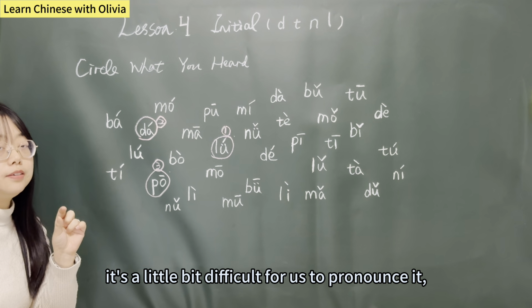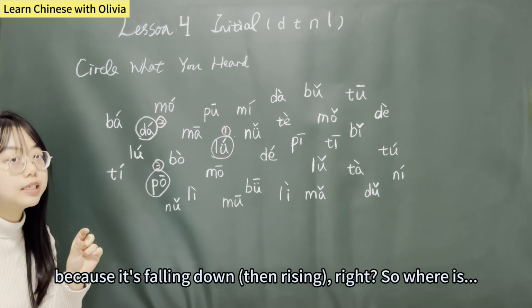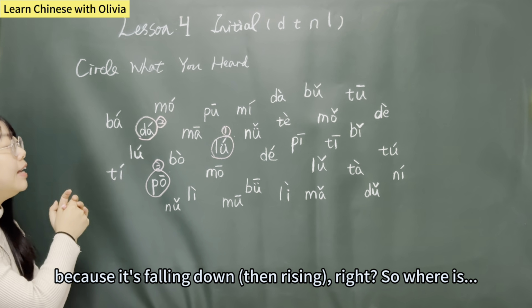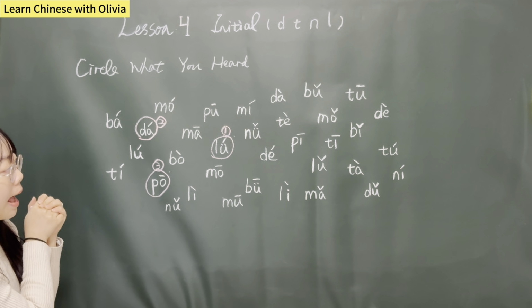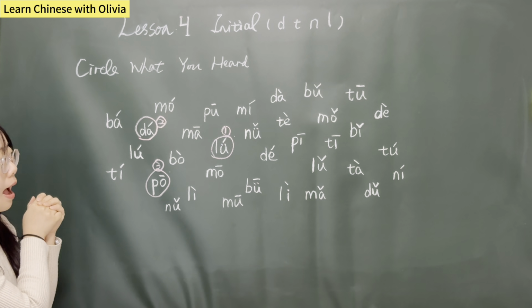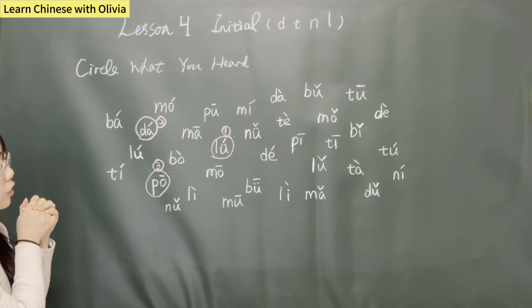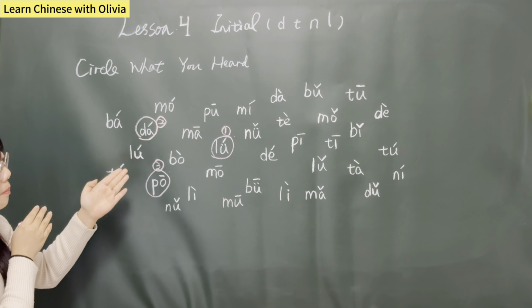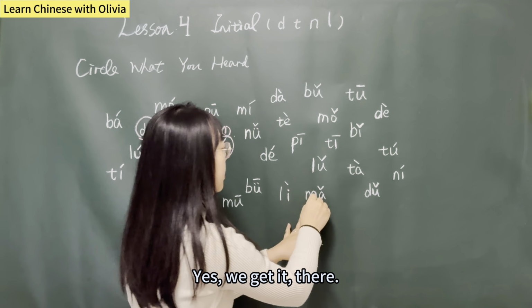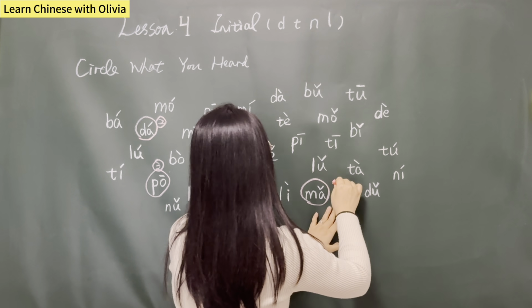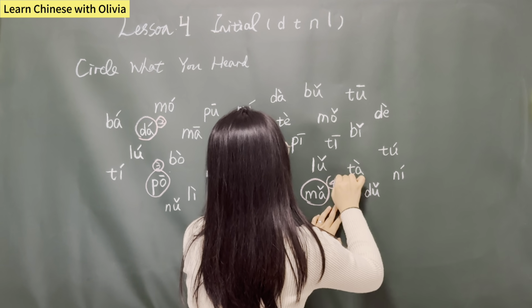It's a little bit difficult for us to pronounce because it's falling down, right? So where is 马, mo, a, 马? Can we find it? 马, yes, we get it there. This is the 4th one.